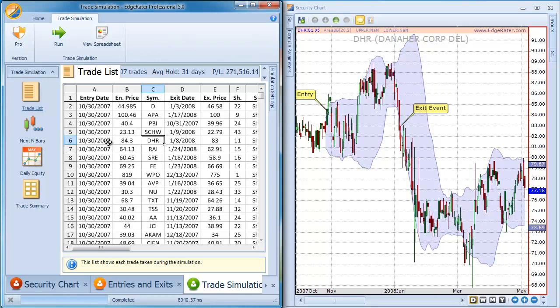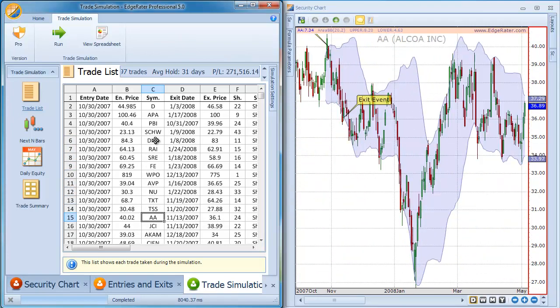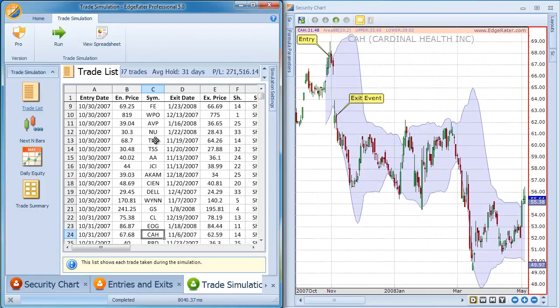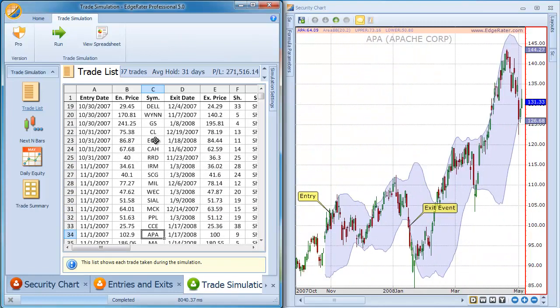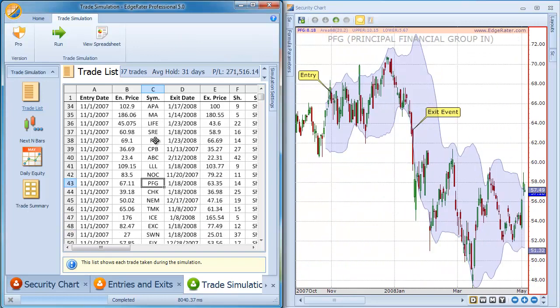With my keyboard I can then scroll up and down using the up arrow and the down arrow through the list of trades here, and all the while the chart is staying in sync with where I am highlighting the trade. So it's a very quick way to allow you to scroll through all of the trades.